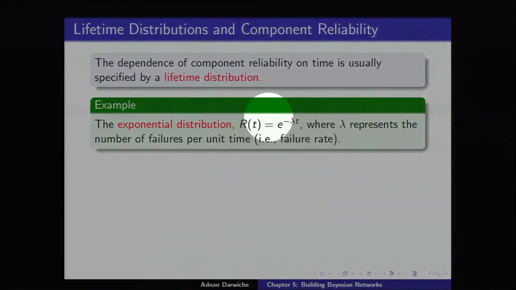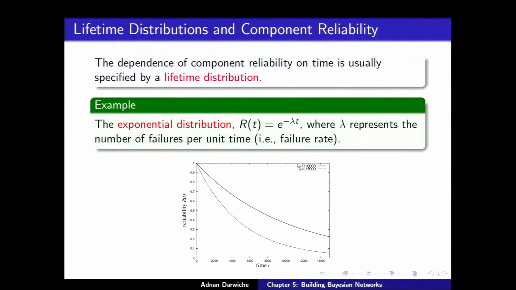And you can see it is a function of time, and lambda is a parameter which represents the number of failures per unit time. So lambda is different for different components. So here are two life distributions in this particular case for different lambdas, and you can see how we start at 1 when the component is born, and then as time passes, the probability drops down at a different rate depending on what lambda is.